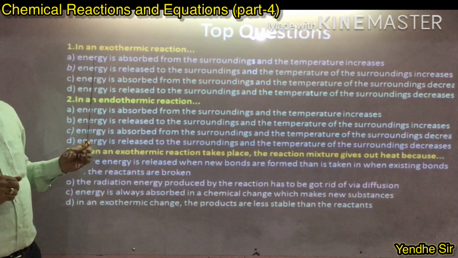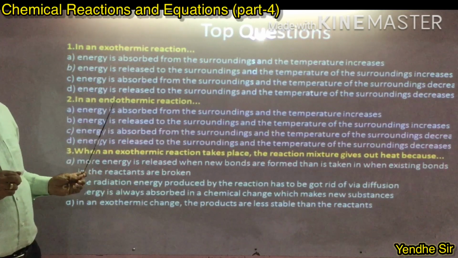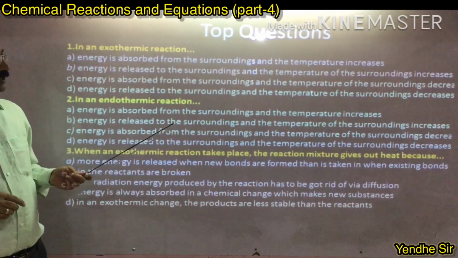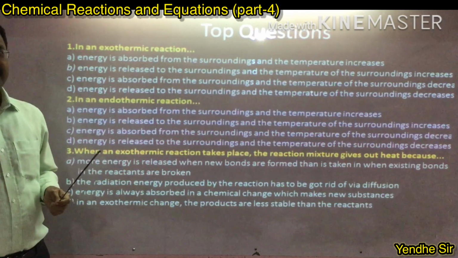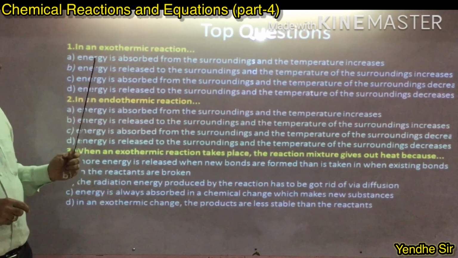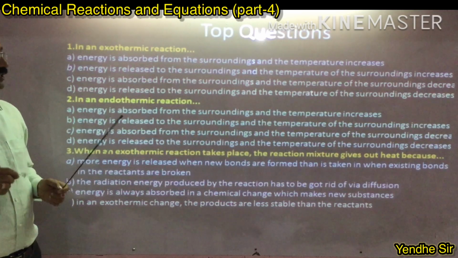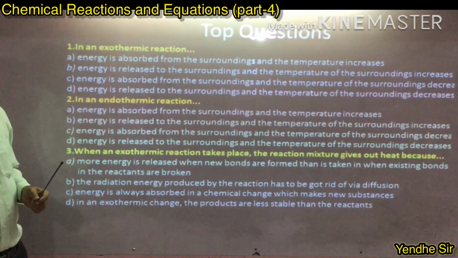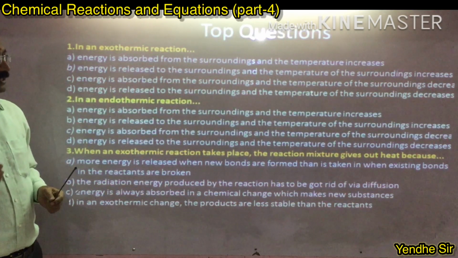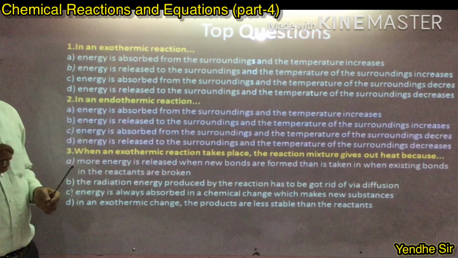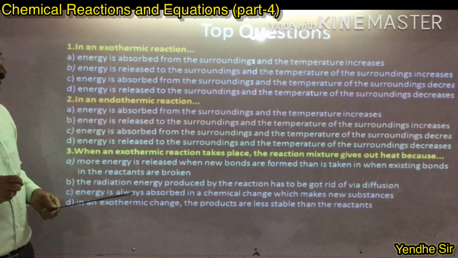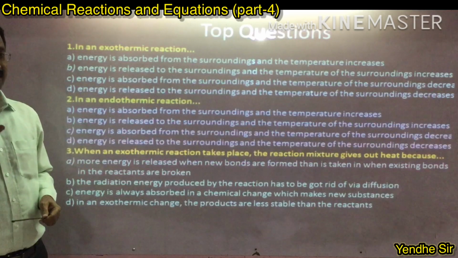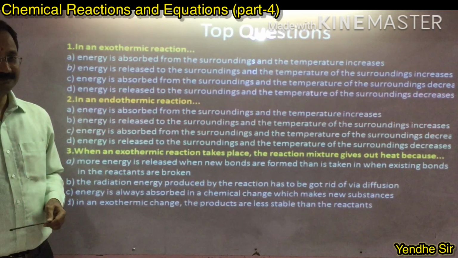So here you have to read the options carefully and find out the answer. Energy is absorbed from the surrounding and temperature increases. Energy is released to the surrounding and the temperature of the surrounding increases. Energy is absorbed from the surrounding and the temperature of the surrounding decreases. Energy is released to the surroundings and the temperature of the surrounding decreases. Now, which is the correct answer?